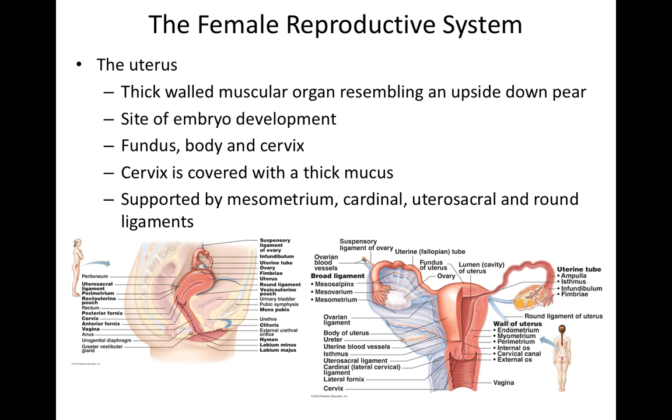Pregnancy absolutely permanently alters the female's body, at least internally, because these ligaments that are holding everything in place will never come back to their original state because they just don't have elasticity in them.